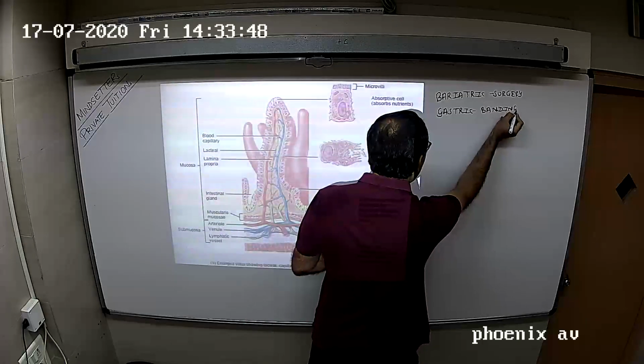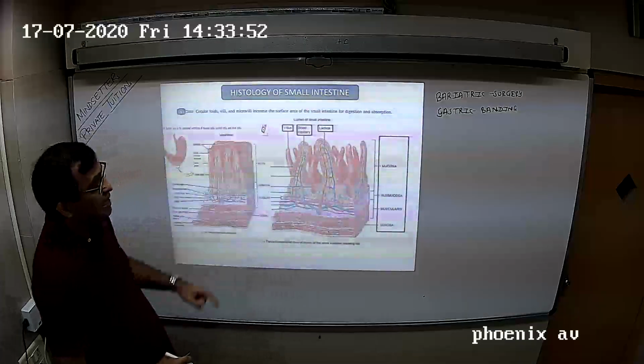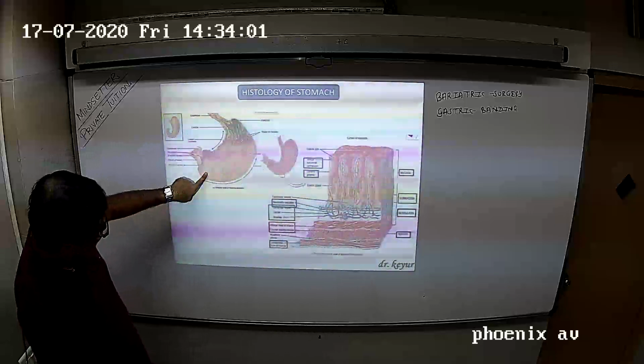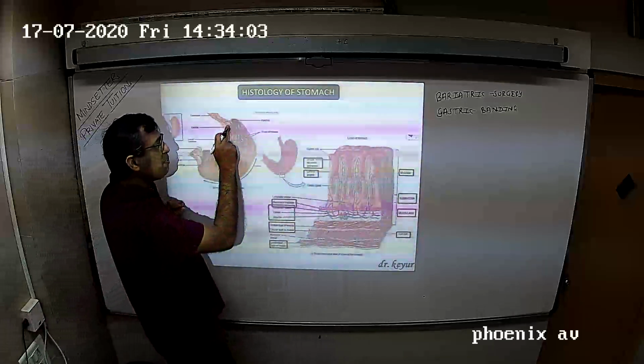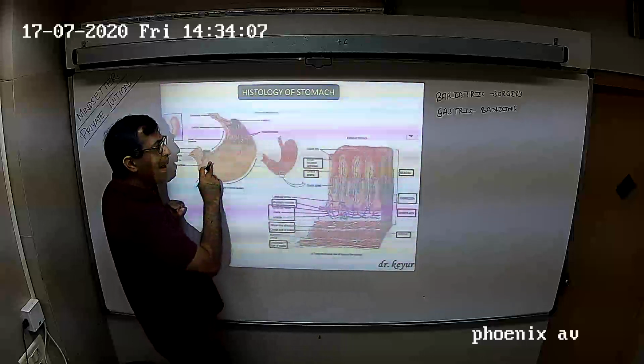So what is bariatric surgery or gastric banding? Sir, ये आपका stomach है, and sir, stomach के अंदर यहाँ, you know, this part is called fundus, this part is called cardiac, this is called pylorus.